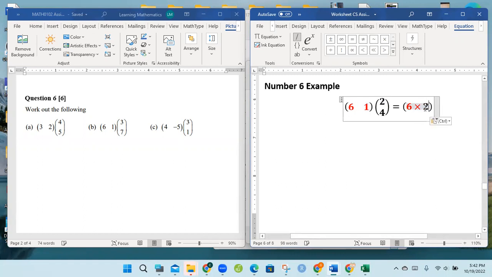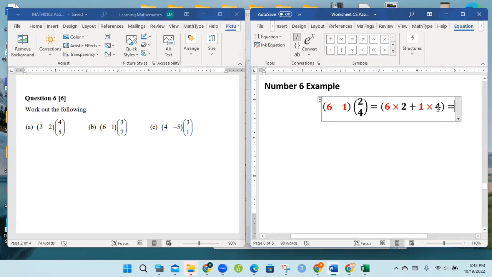And remember, after you multiply, you have to end up adding. 6 times 2 plus 1 times 4. Just to get one number.